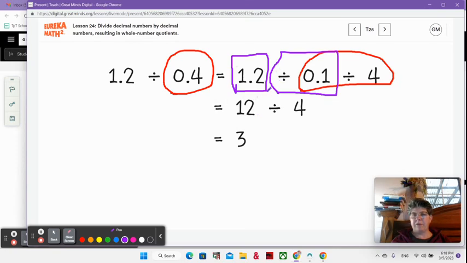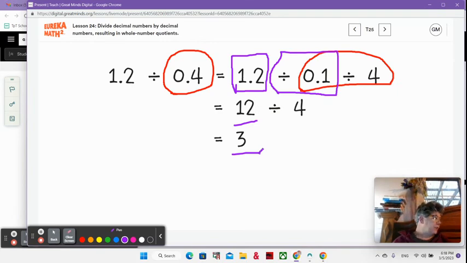You could think of it also as 12/10 divided by 1/10. How many 1/10 fit into 12? That would be 12. And now you're just going to divide 12 by 4 and you get 4. Okay, so breaking apart your 4/10 into 1/10 and 4 basically.